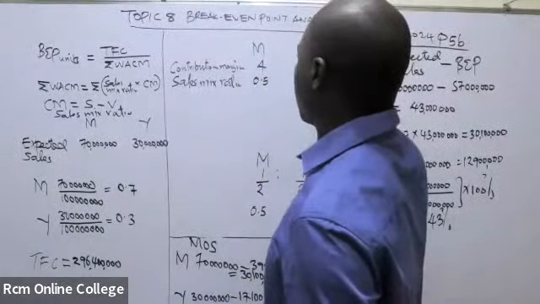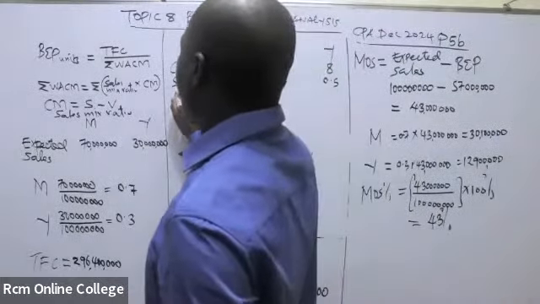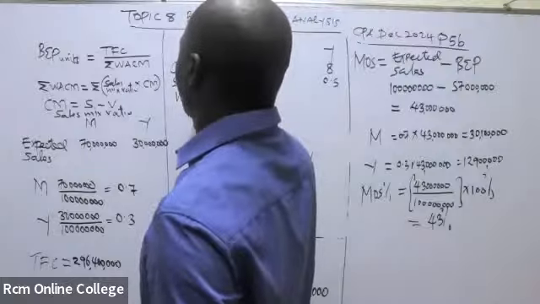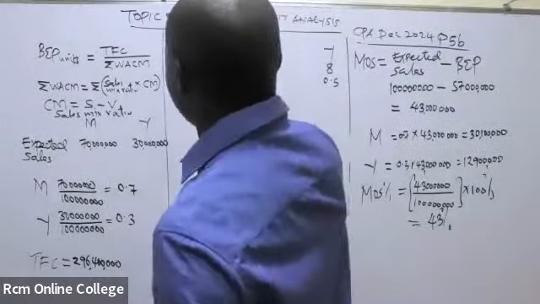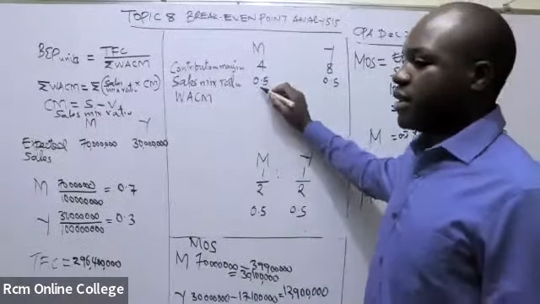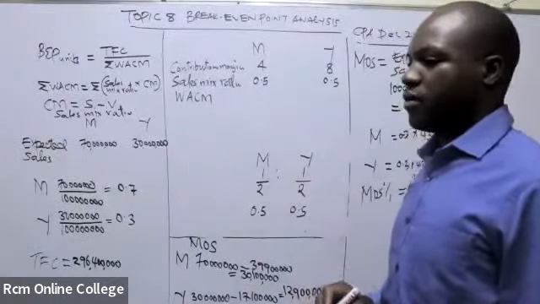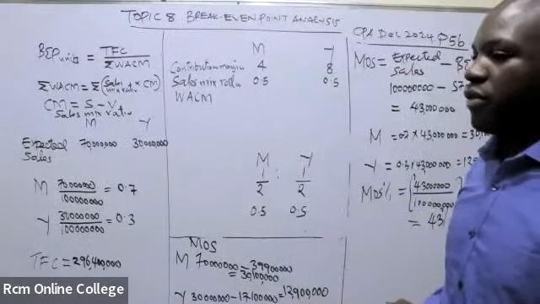Can we now get the weighted average contribution margin? Our weighted average contribution margin is equal to contribution margin times the sales mix ratio. So 4 times 0.5, what are you getting?